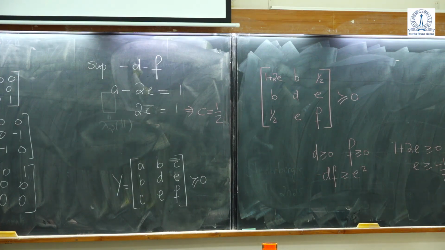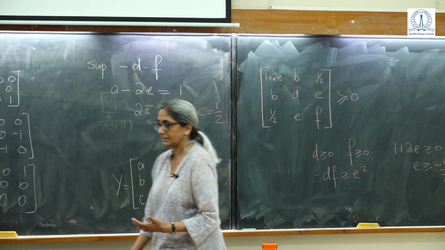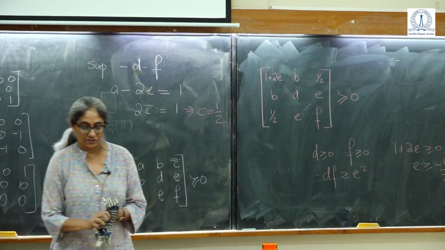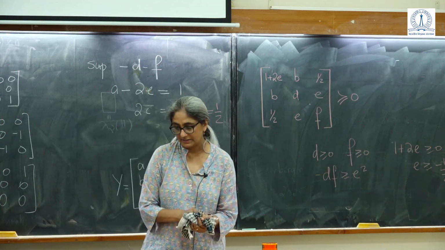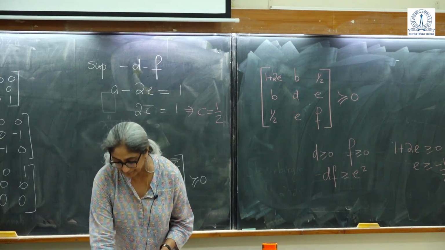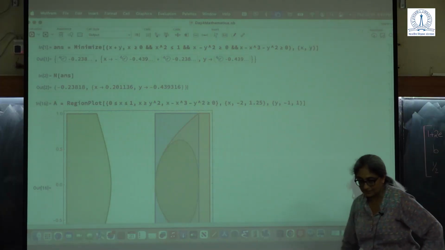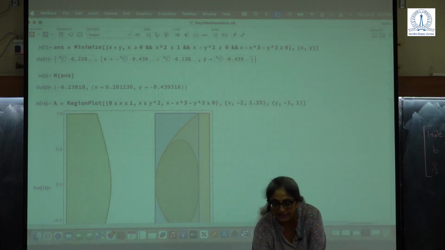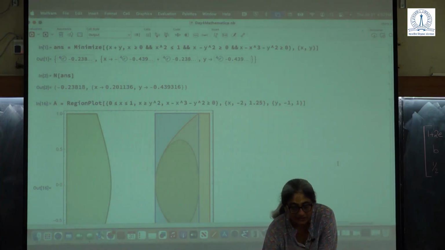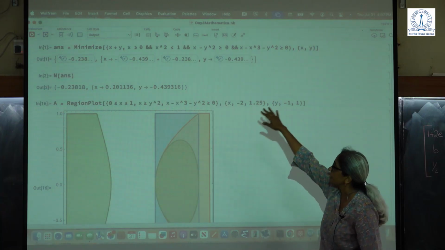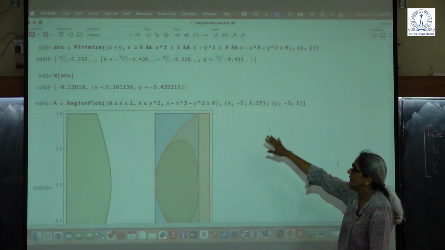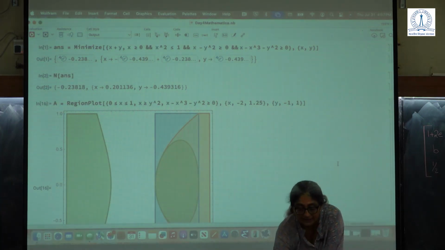Now let's look at this program on the computer, because we can't draw pictures, so we're going to have to solve this using software. Okay, so let's take a look. This was the problem that we had before, the primal problem. We saw that its feasible region looks like this.